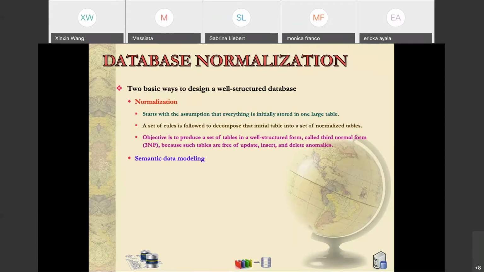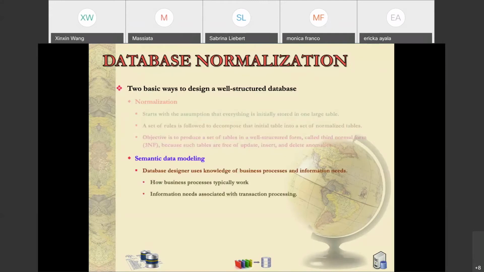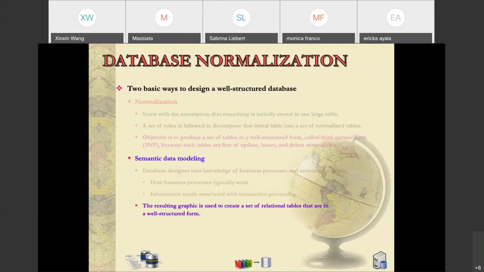Semantic data modeling is another way to design a well-structured database, right? The database designer uses knowledge of the business process to fulfill the information need, right? So they have to understand the business process and the information users need, right?